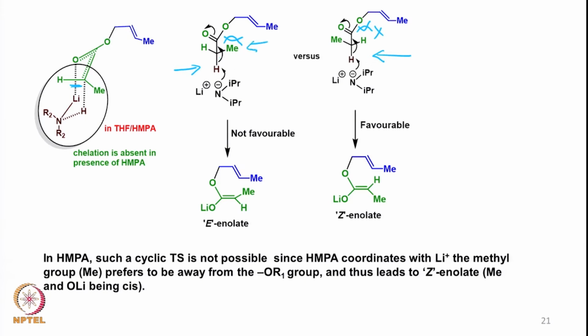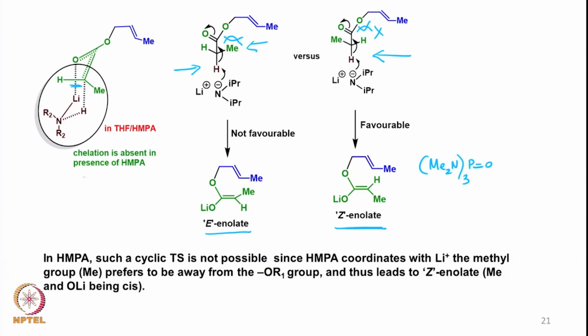Therefore, when the methyl group is oriented towards this side, deprotonation leads to the E-enolate. On the other hand, when the methyl group is on this side, away from this large group, then of course the deprotonation leads to the Z-enolate. This is what happens because HMPA, with its nitrogens, as I mentioned earlier, chelates with the lithium, and therefore the lithium is not available for the intramolecular chelation with the oxygen that we saw in the case of only THF as a solvent.